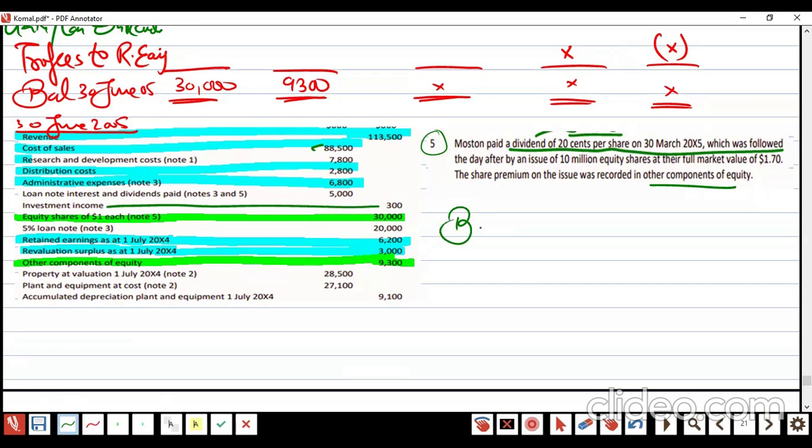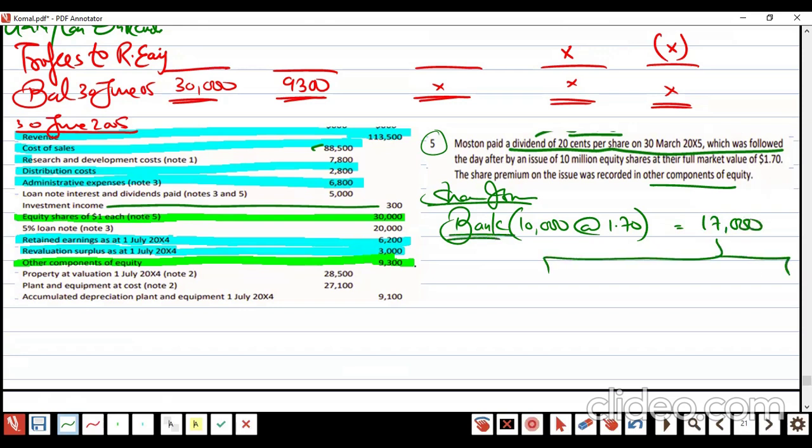Now they issued the shares. How many shares did they issue? 10 million, that is 10,000 at a price of 1.7. So how much money did the company make? 17 million, right? Whatever money you get, the par value is going to be part of your share capital and the remaining is going to be part of share premium.